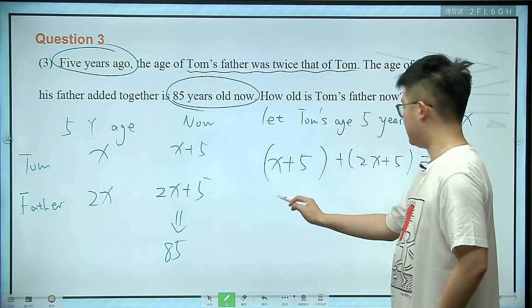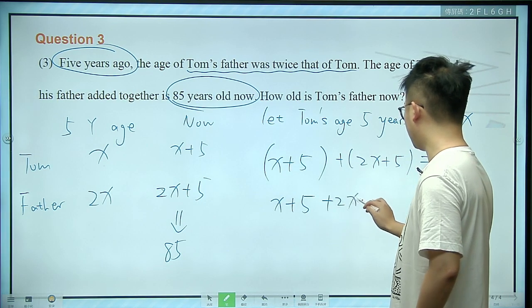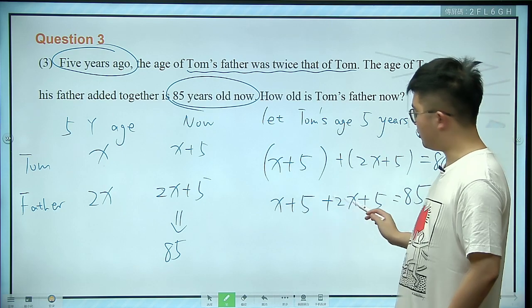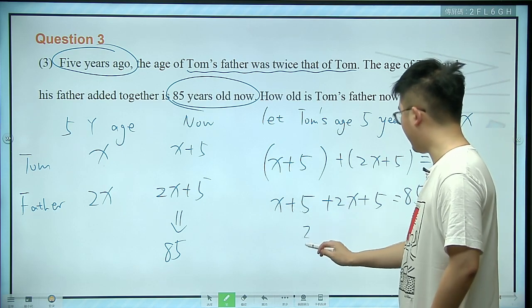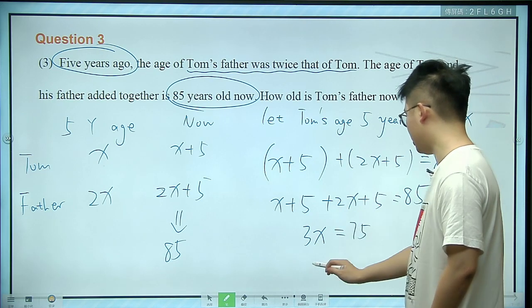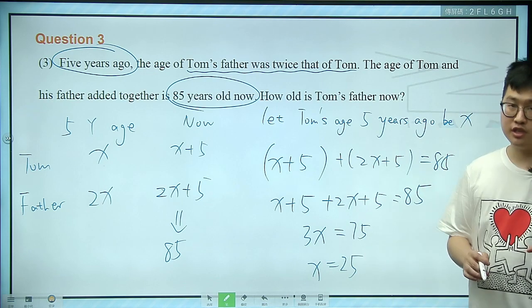Now, let's do the calculation. We put these x together. They go 3x equals 75. So x is 25. But pay attention to the question.